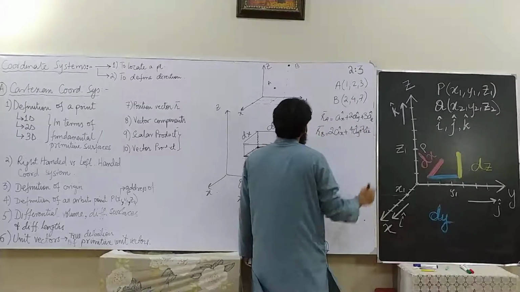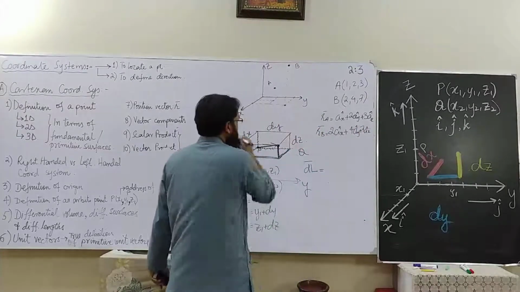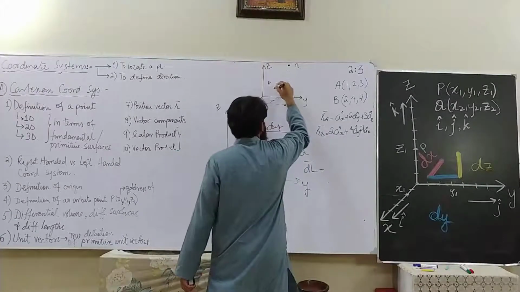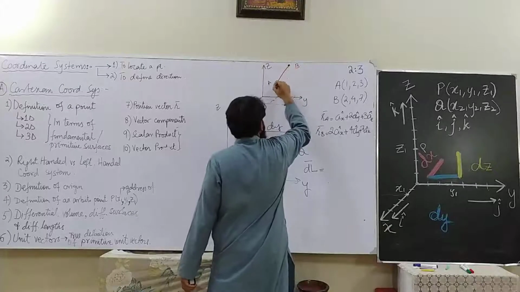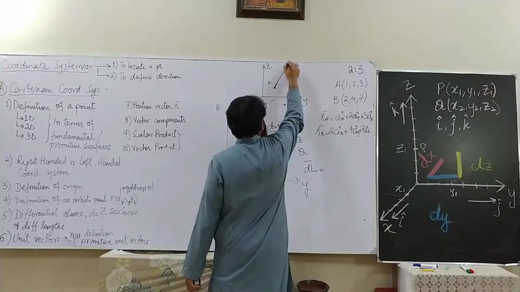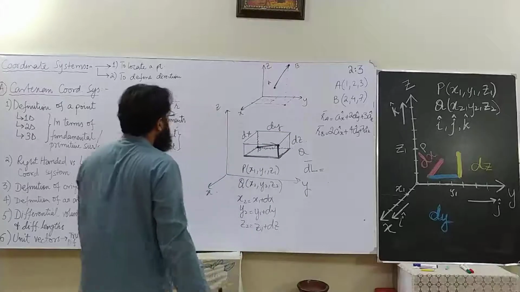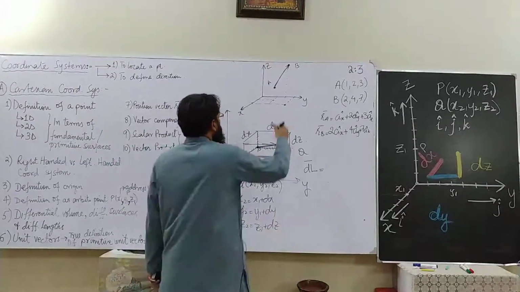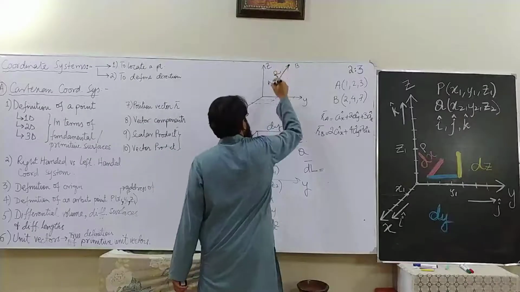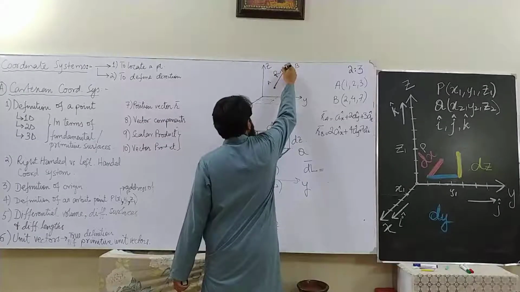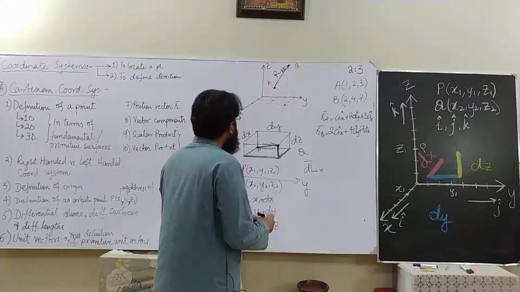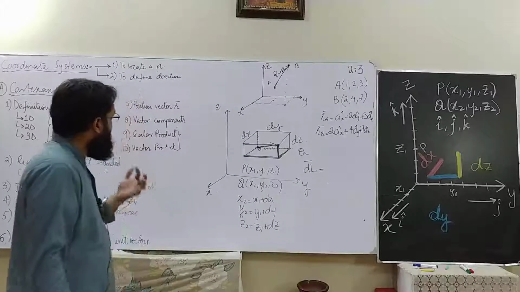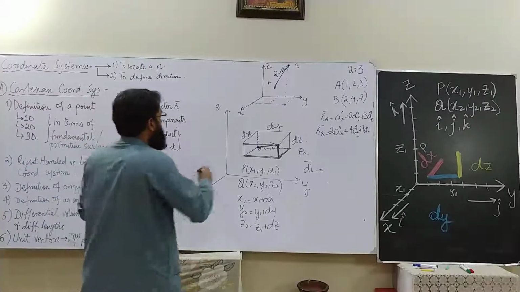If someone asks for a vector that locates point B with respect to point A, which starts from A and terminates at B, let me call this capital RAB. Capital RAB is the vector which starts from A and terminates at point B.